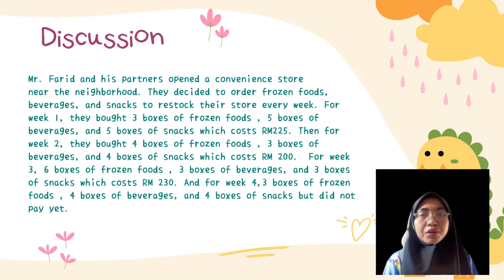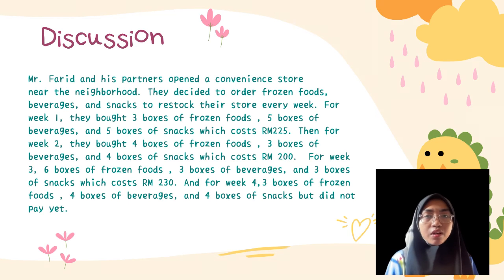And then for week 2, they bought 4 boxes of frozen foods, 3 boxes of beverages, and 4 boxes of snacks, which cost RM200. For week 3, 6 boxes of frozen foods, 3 boxes of beverages, and 3 boxes of snacks, which cost RM230. And lastly, for week 4, they bought 3 boxes of frozen food, 4 boxes of beverages, and 4 boxes of snacks, but did not pay yet.